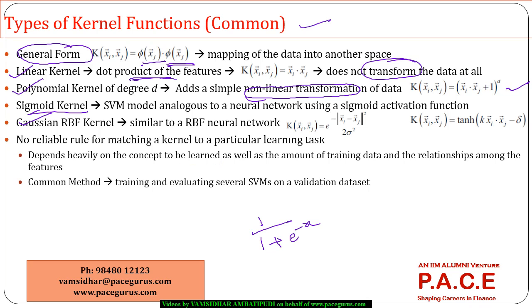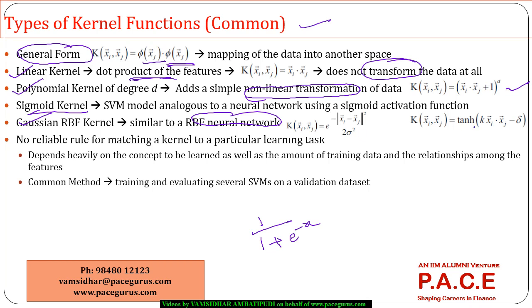Then I can think of the Gaussian RBF kernel, which is more or less similar to an RBF neural network, where the function that we are using is a Gaussian function, which is e to the power of minus xi bar minus xj bar whole squared by 2 sigma squared.